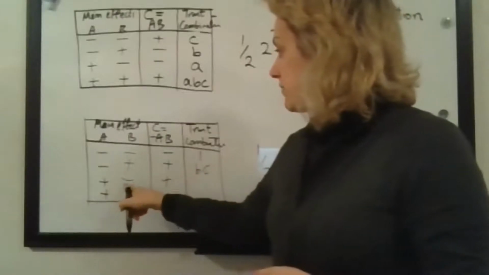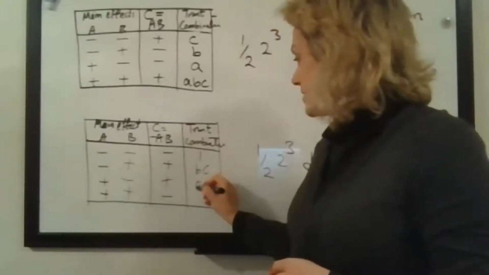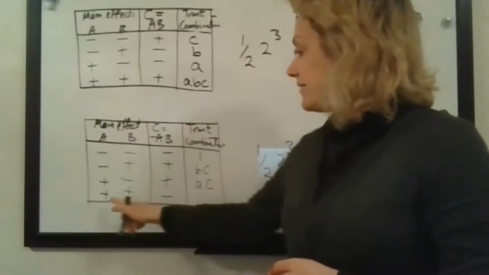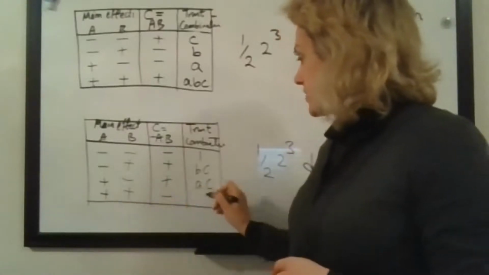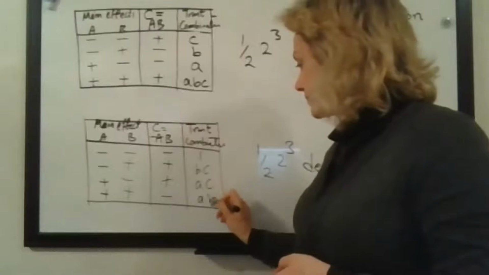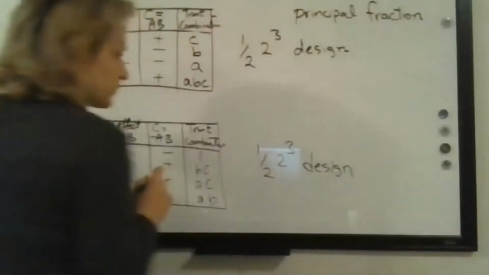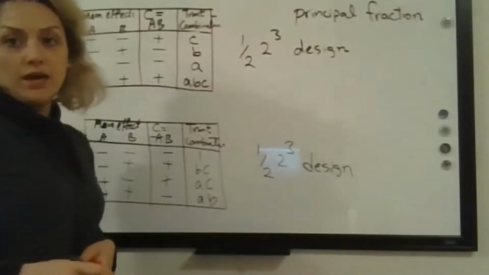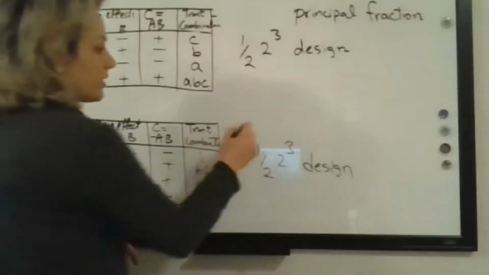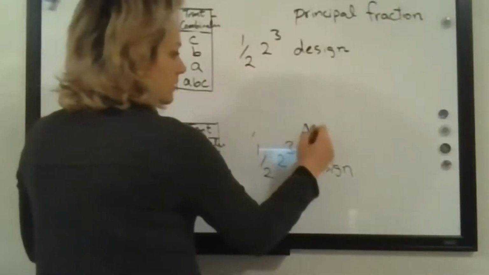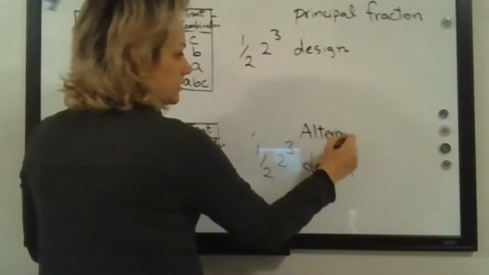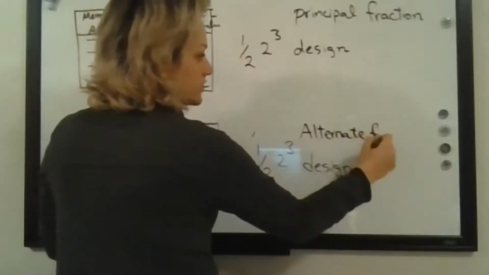This one is positive, negative, positive, so it's going to be AC. And this is positive, positive, negative, so it's going to be AB. So we call this one the alternate fraction. I'm going to write down alternate fraction here.